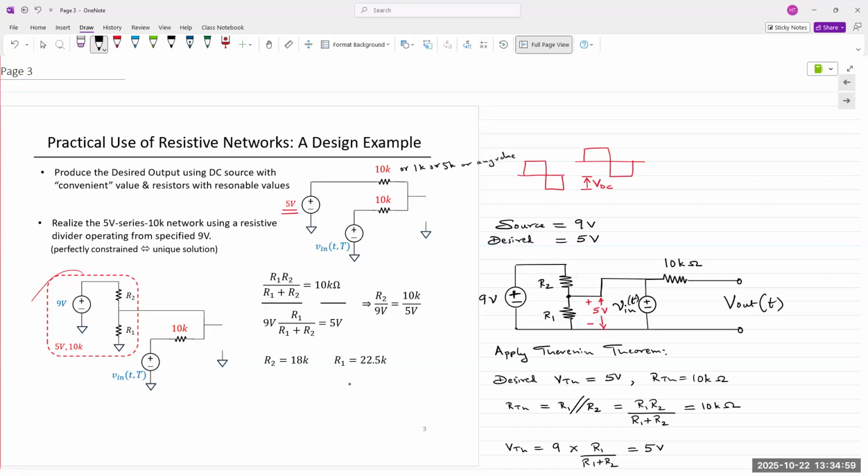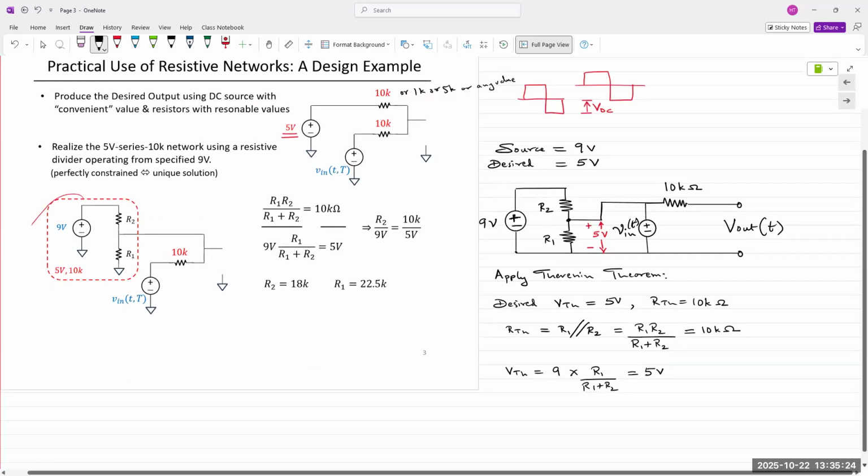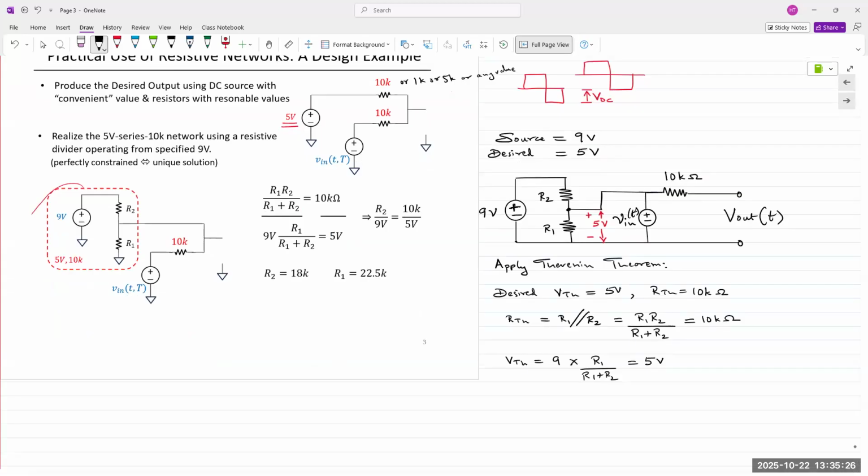Unless we are given, like, say, okay, design this circuit, but ensure that the output current is within, like, I don't know, 100 milliamps or something. And then we have to take those into consideration. Yes. And those resistors are something that will determine. Because we're trying to obtain a combination where we get both 5 volts and then 10 kilo ohms.